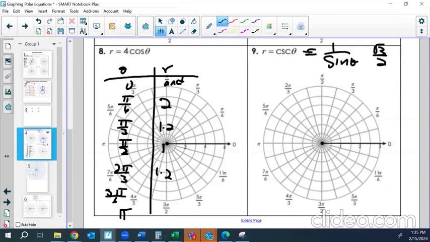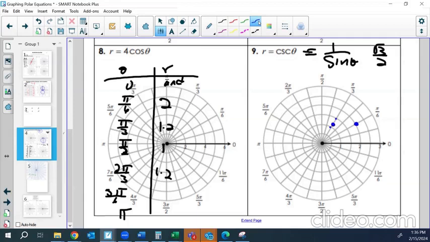Okay, so let's plot these right now. When the angle is 0, it is undefined. Pi over 6, it is 2, which is right there. Pi over 3, we have 1.2. So if this is 1, this is 1.5, so 1.2 is going to be somewhere right around there.